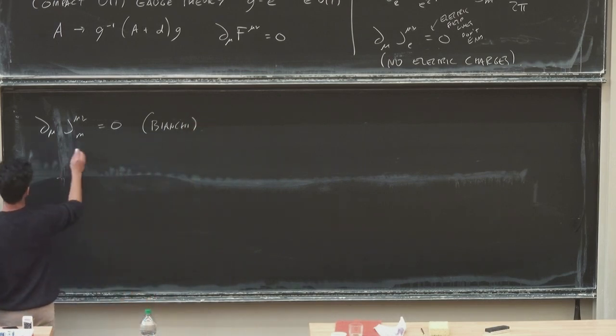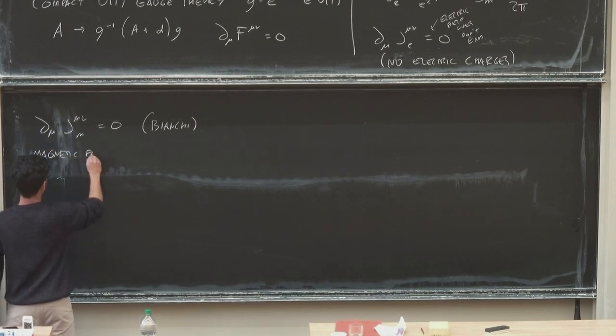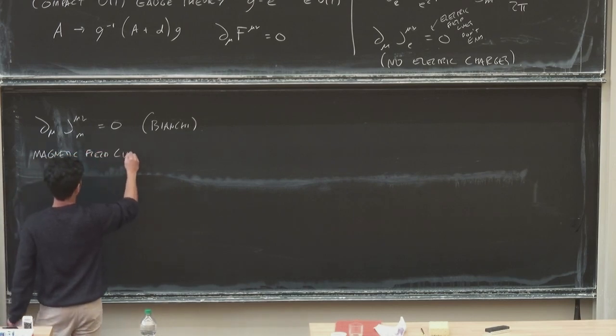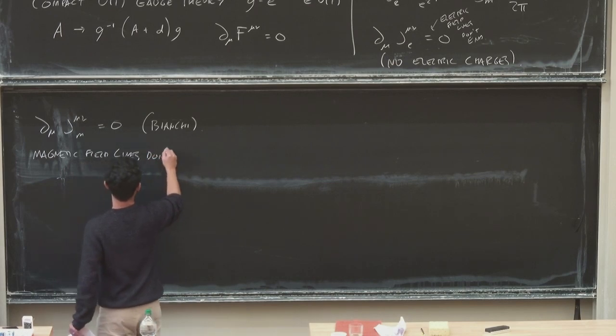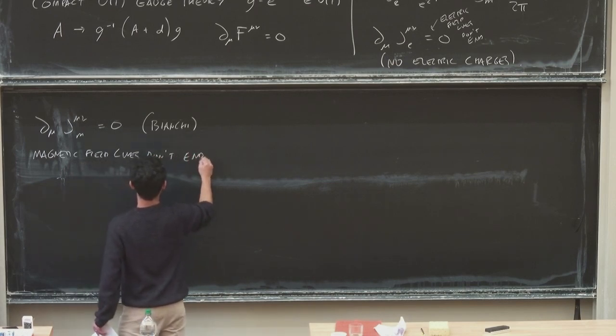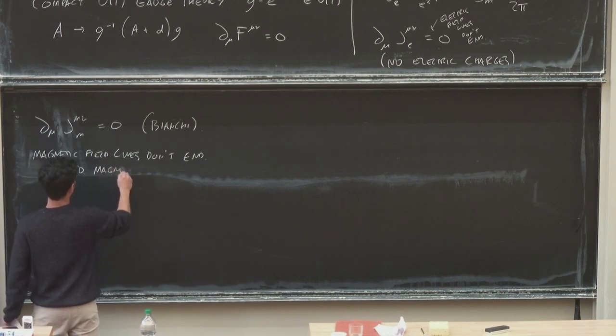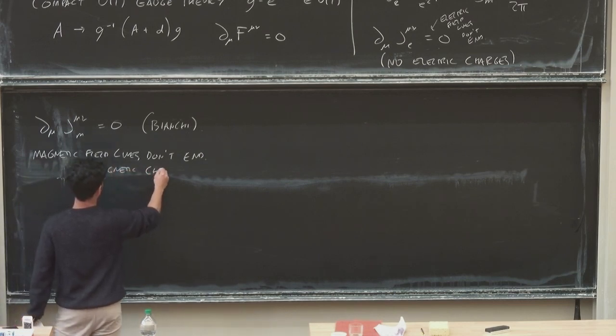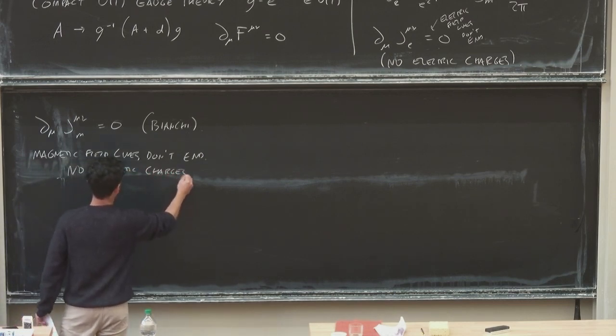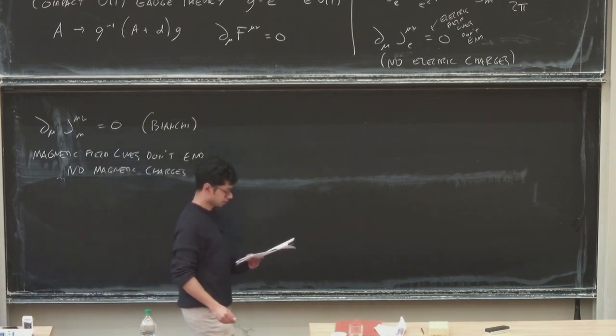And again, physically, it's saying that magnetic field lines don't end, because there are no magnetic monopoles in this theory. No magnetic charges.